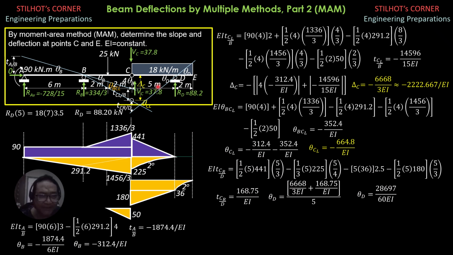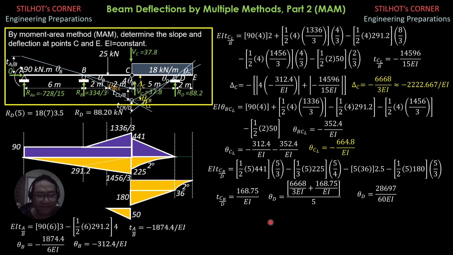Now, what is theta C right? So theta C right is equal to theta D minus theta C right D, which can be computed by copying this equation and we remove the moment arms.